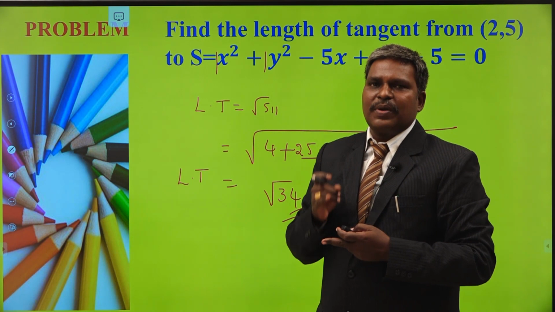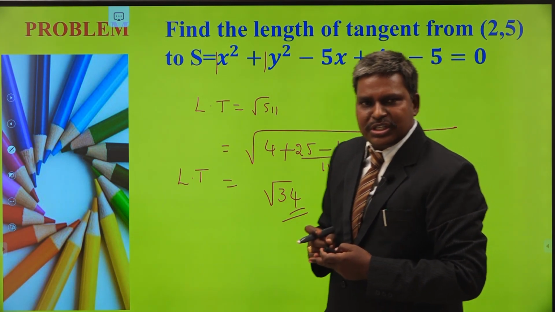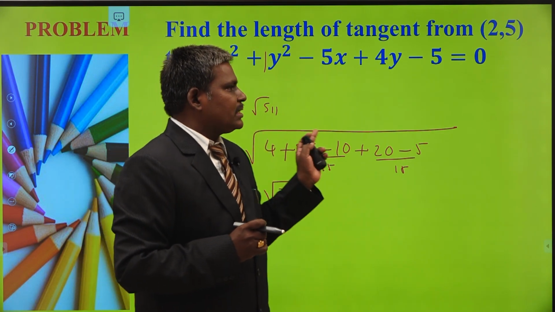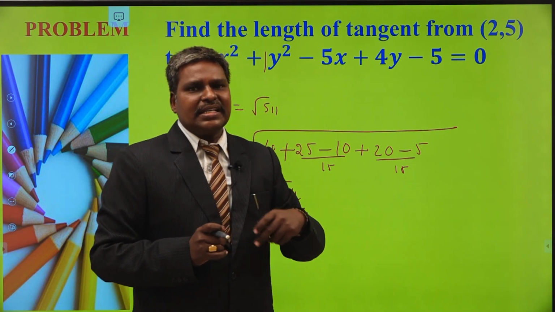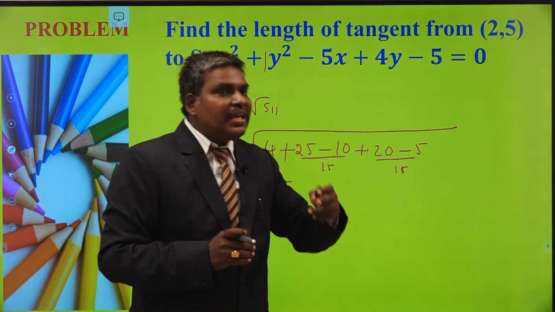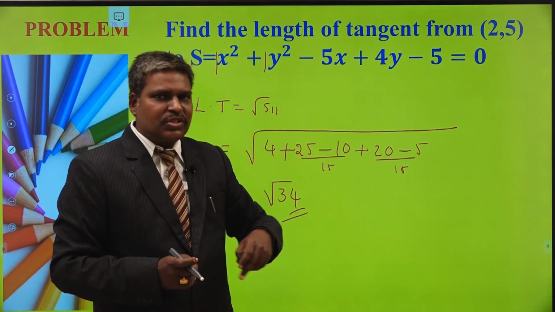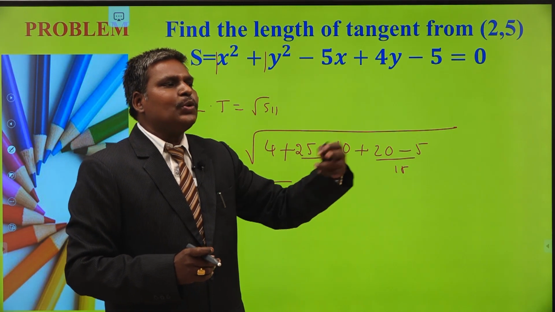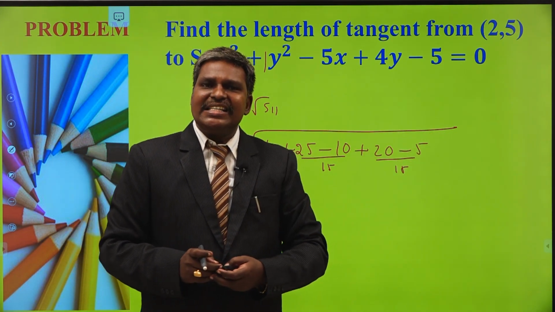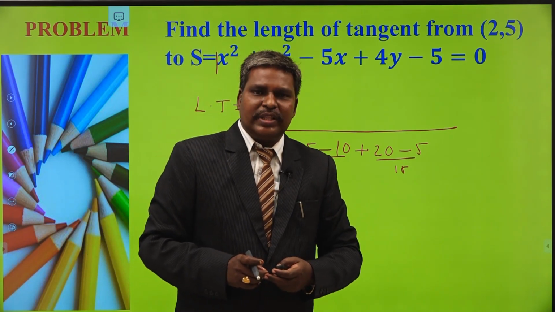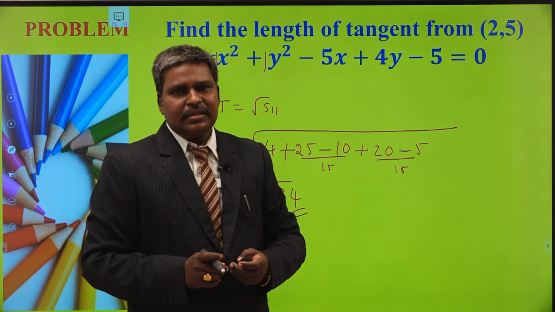The length of tangent from point P to the circle S equal to 0 is what? Root S11. Also we discussed one theorem, that any line through P intersects the circle at A and B, PA into PB equals S11. If the point is outside of the circle, PA into PB is equal to PT square, where T is the point of contact of the tangent to the circle. Okay, understand? Thank you very much.